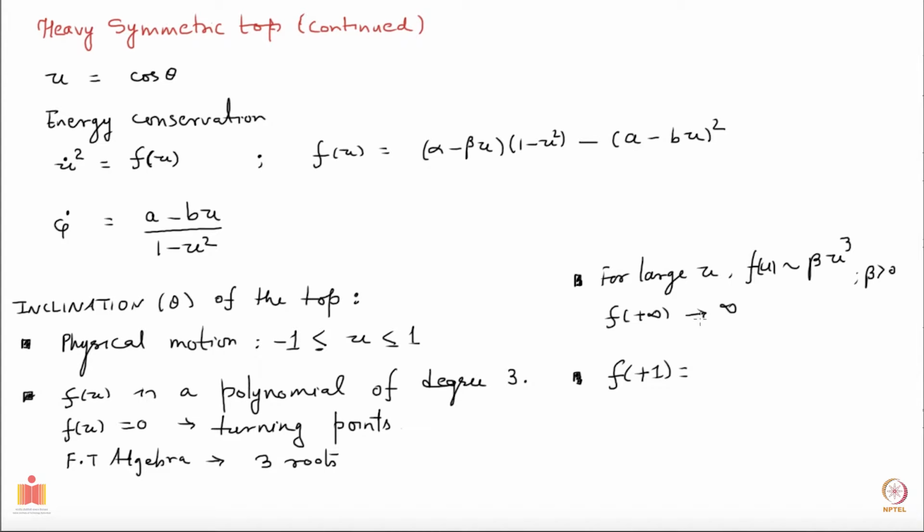It will be minus of a minus b square, which is negative because of this sign. So f of -1 will also be negative because there is a minus sign and a square of two real numbers. So in either case you get a negative value.